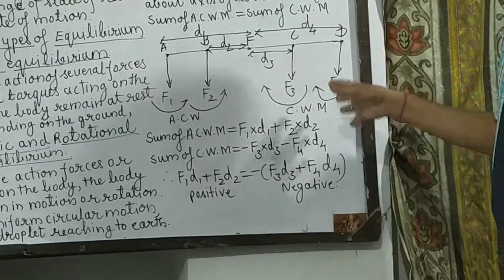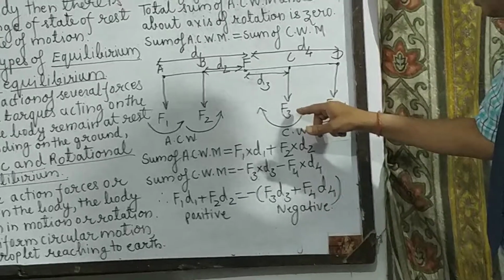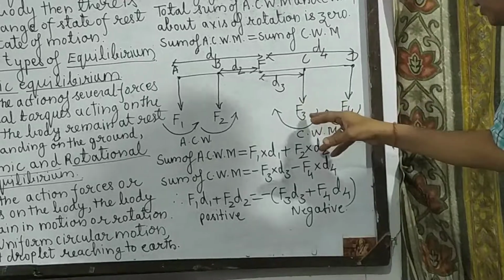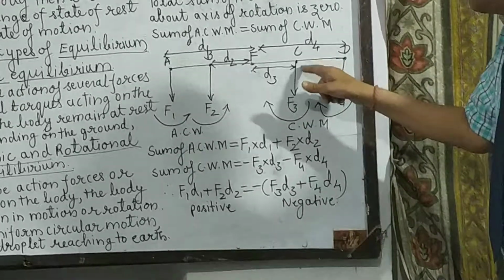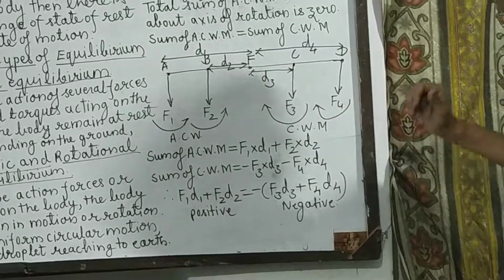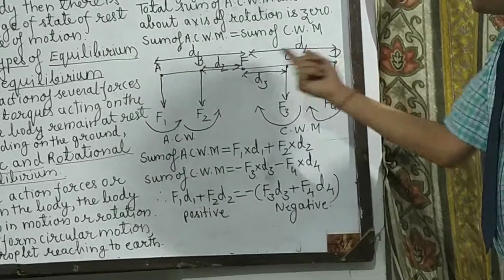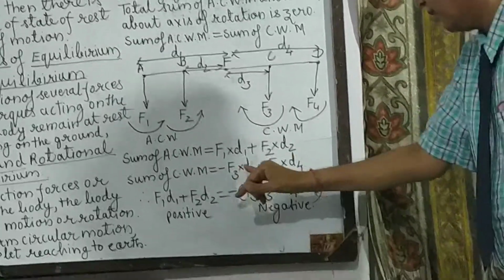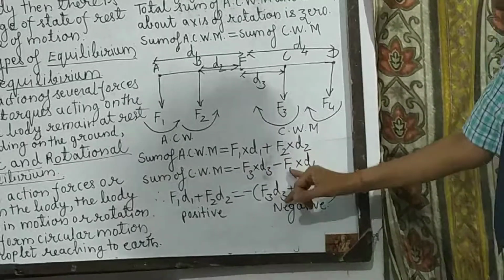The formula will remain the same. For F3 the moment or torque will be the individual torque F3 into D3, because for F3 the moment arm is D3. For F4 the moment arm is DF, meaning D4. So both are negative, minus F3 D3 and minus F4 D4.